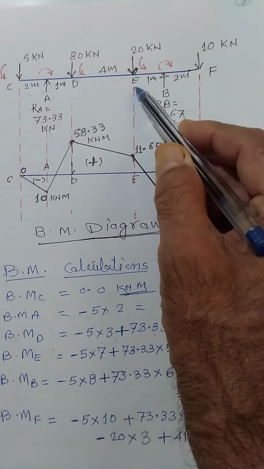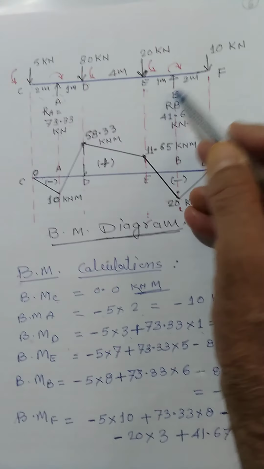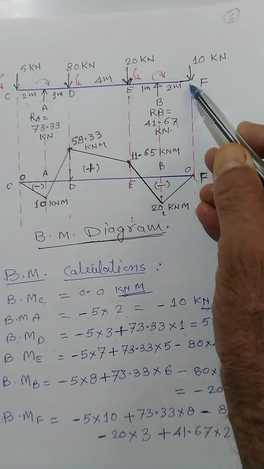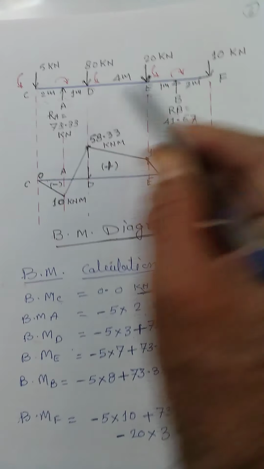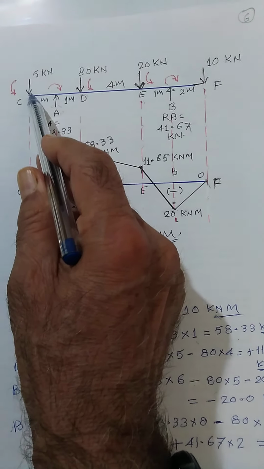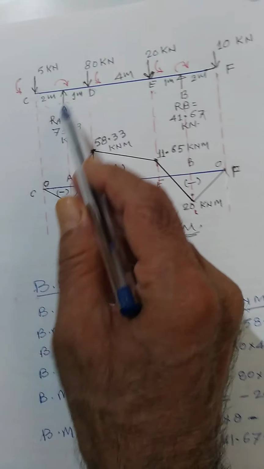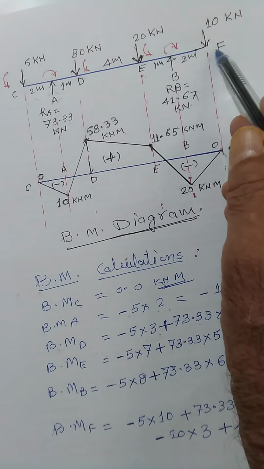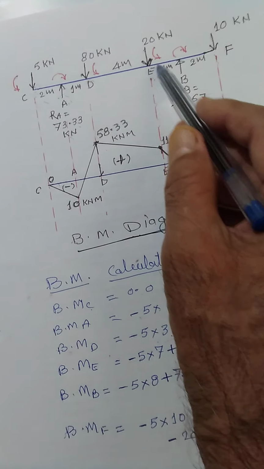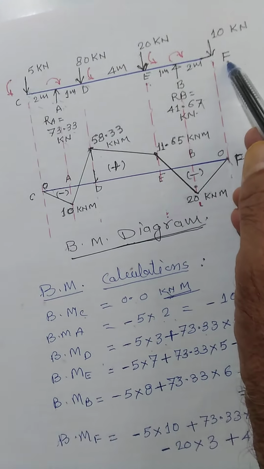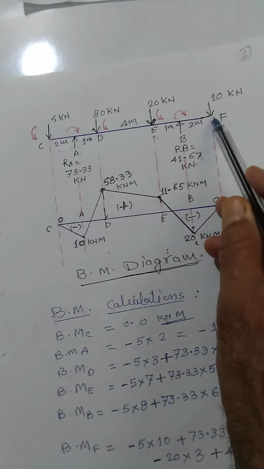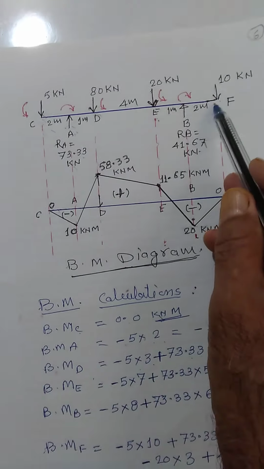Take the moment at E, take the moment at B, and finally when we take the moment at E, you will find it must be 0. For that, take the moment of first force, that is 5 into this distance anti-clockwise, RA into this distance clockwise, 80 into this distance anti-clockwise, then 20 into this distance again anti-clockwise, RB into this distance clockwise, and 10 into 0.